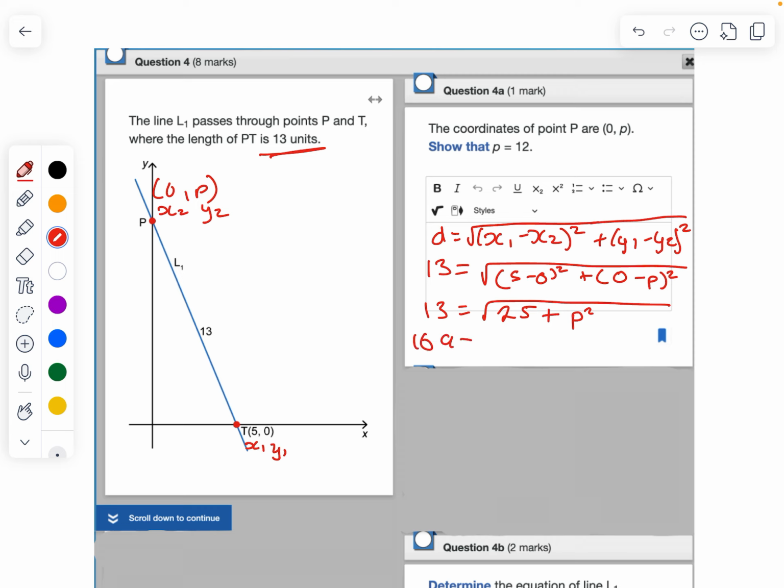So now what I'm going to do is square both sides to get rid of that root. So 169 equals 25 plus p squared. You minus 25 from both sides. And we're going to have 144 equals p squared. And then if you square root both sides, we will get 12 equals p. It seems like a lot of work to do for 1 mark, but you already know the answer.